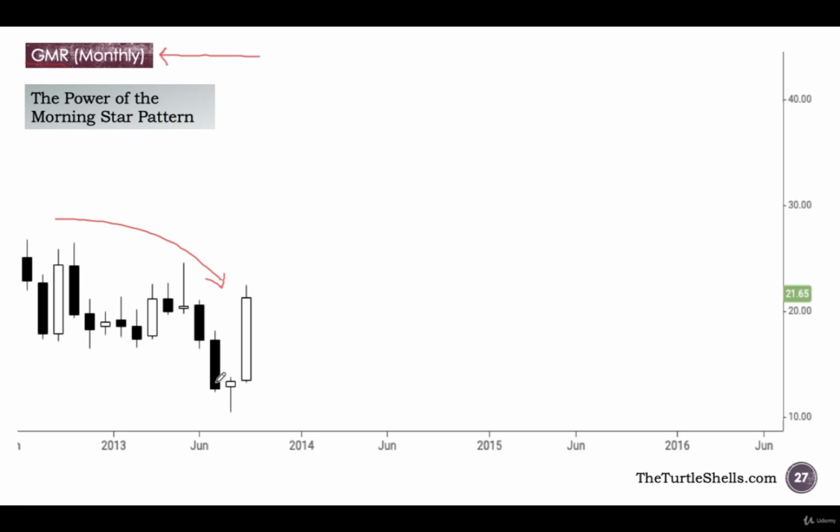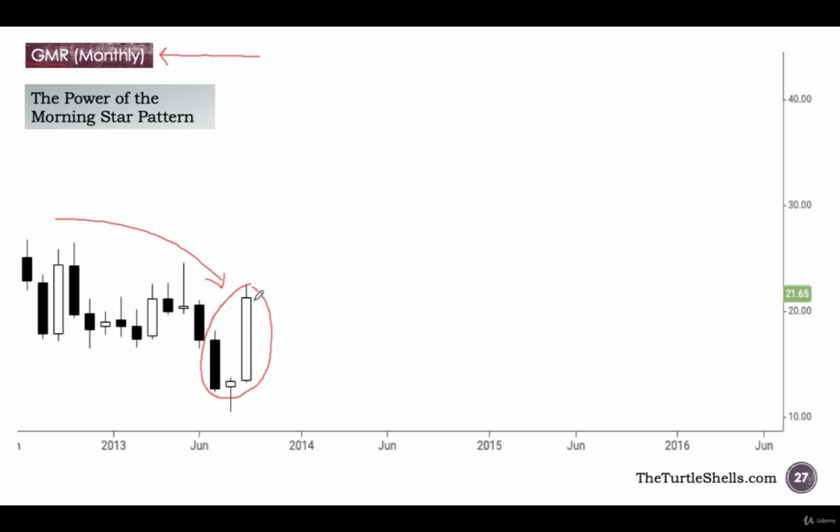Now notice that it is not a perfect morning star because the small real body has not gapped away from the prior long black real body. For the star, we need the second candle not to touch the first and the third candle. So in this case, it is touching the first candle and slightly touching the third candle.